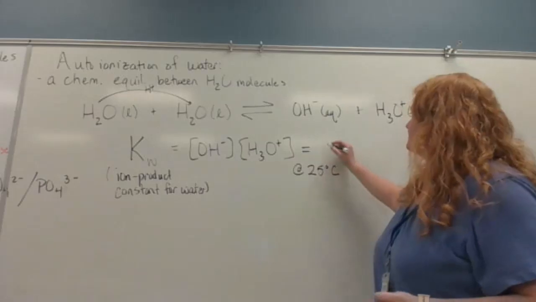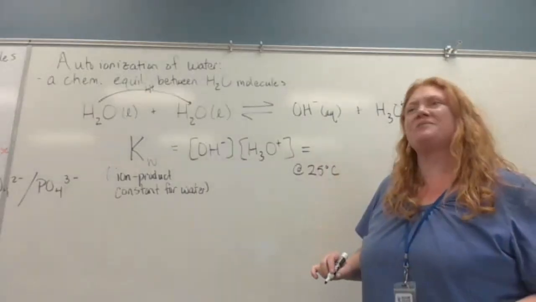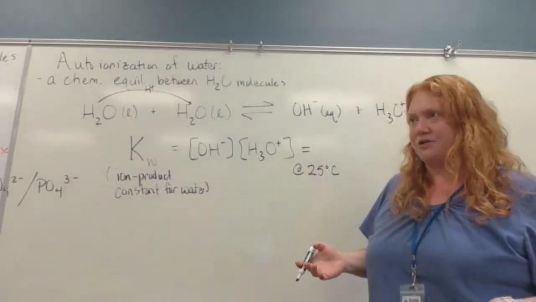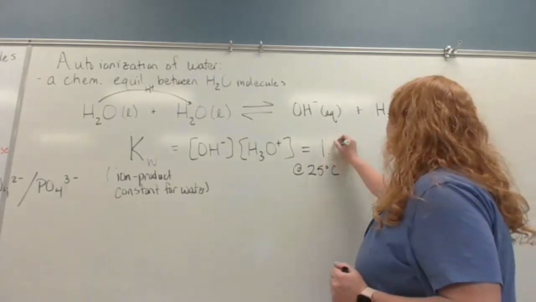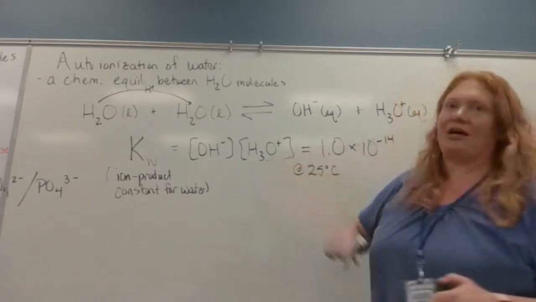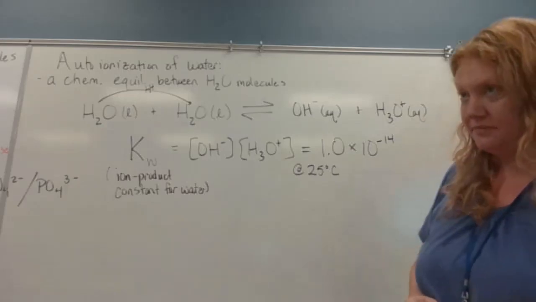25 degrees C is what? Room temperature. That's what in science we call room temperature. That's about 76, 77-ish degrees Fahrenheit, which is too hot to be room temperature, right? But 1.0 times 10 to the negative 14th is the value of KW at 25 degrees Celsius.